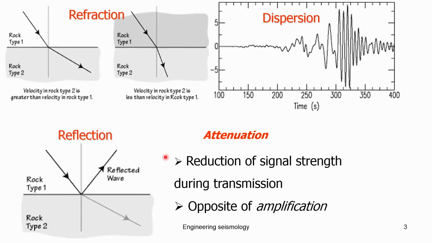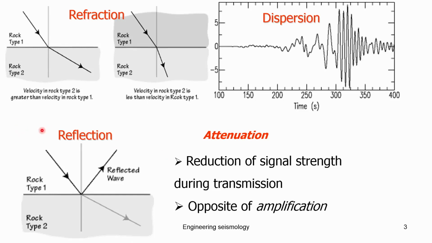For example, the seismic wave created by an earthquake travels down through the earth, which has a crust, mantle, outer core and inner core. When it goes from the crust to the mantle, because of the change in the property of the rock, a portion of the wave is reflected and a portion is refracted. That is what refraction does.